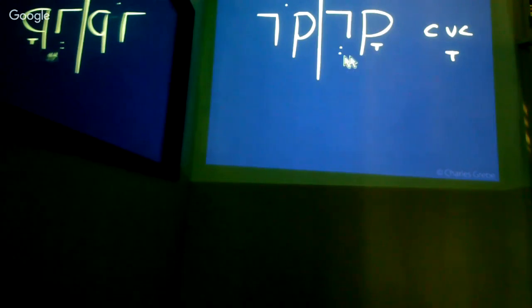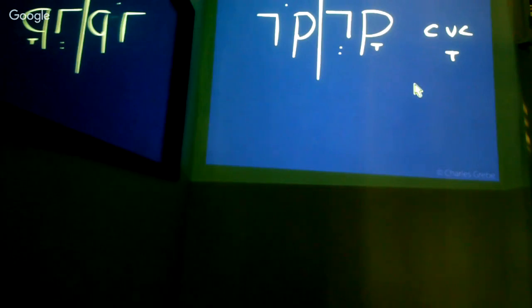And so here we have, again, a CVC, consonant, vowel, consonant, unstressed. We have a little symbol, so we know it's a Qames-Hatuph. So this is a short O, not a long O. That's the important thing.